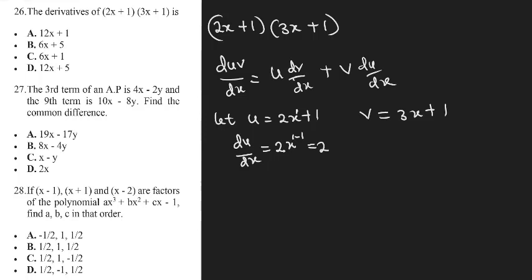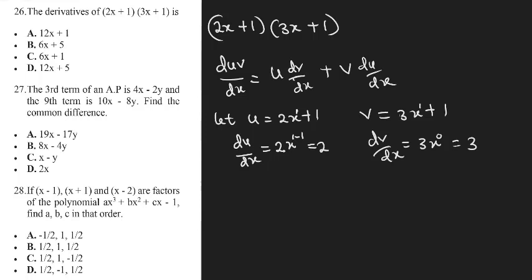Then if you differentiate this, there's an invisible 1 here, we'll multiply by 3, so dv/dx is going to be 3x raised to power 0, because this one will multiply by this 3. And if you differentiate 1, it is going to be 0, right? Which is the same as 3 if you differentiate this.